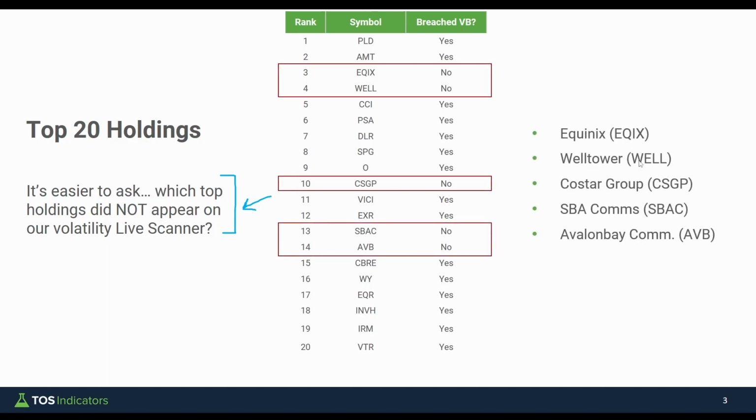Let me highlight them for you. Starting from the top, we had Equinix and then Welltower. Those were the first 2. Then we had CoStar Group, SBA Communications, and Avalon Bay Communities. These were the 5 out of the top 20 which did not appear on our live scanner today. The remaining 15 did. So that gives you an idea of just how much volatility we had inside of XLRE.